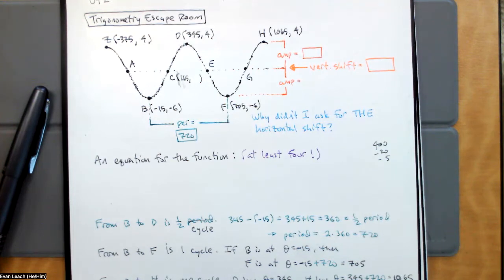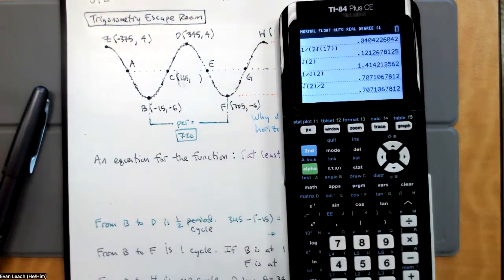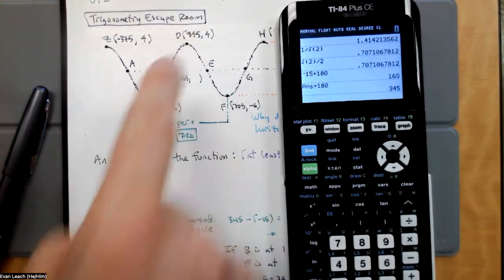Any questions? We're just using what we know about horizontal information, that these points, the middles, the tops, and the bottoms are all a quarter of a cycle apart. Once we figure out that the period is 720, divide by 4, each of these points is 180 degrees apart. So if we start off at negative 15 and add 180, we'll be at 165. If we add 180 again, we'll be at 345, so that checks out.